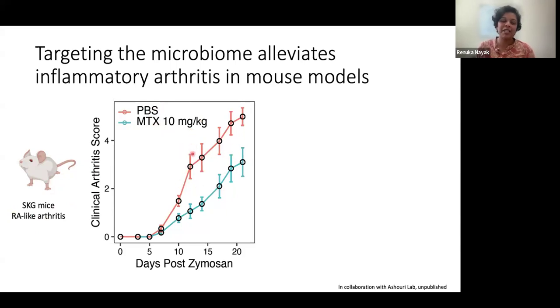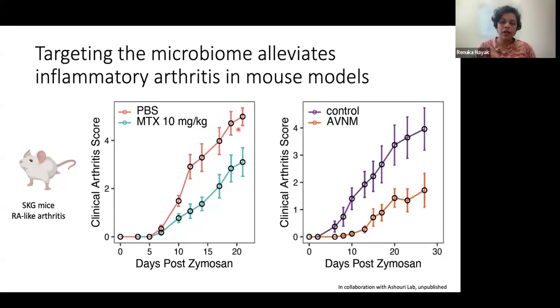Interestingly, in this mouse model, there's variation in how the mice respond to methotrexate, as well as variation in their disease. There isn't complete inhibition or complete alleviation of arthritis. So then we asked, here's methotrexate, targeting the host but probably also targeting the microbiome. What if we just target the microbiome, in theory, with broad spectrum antibiotics?